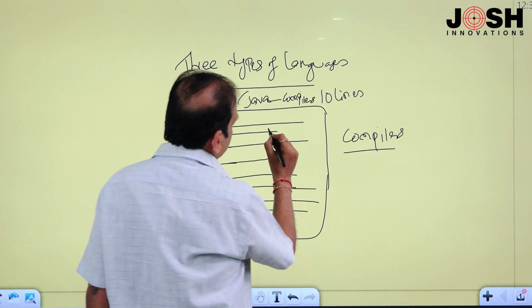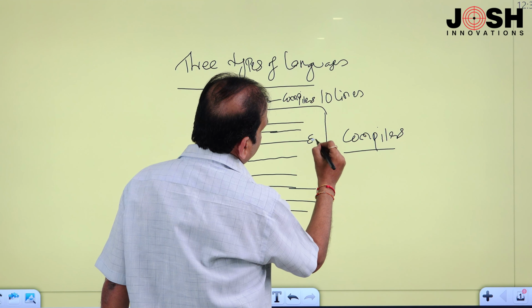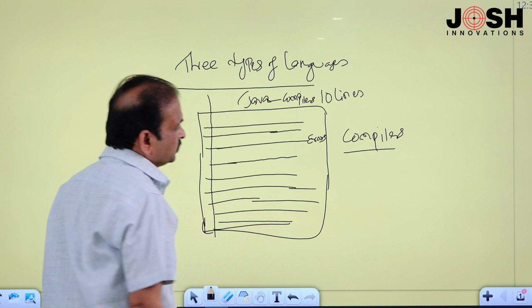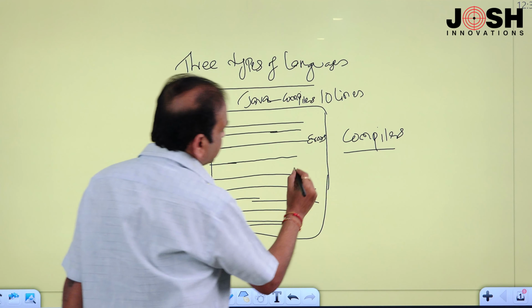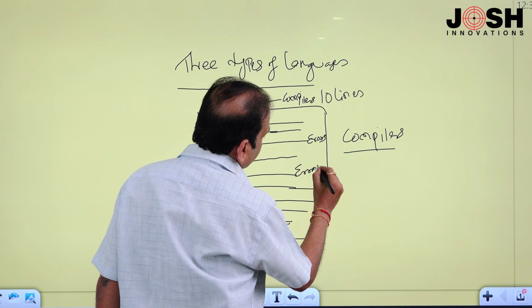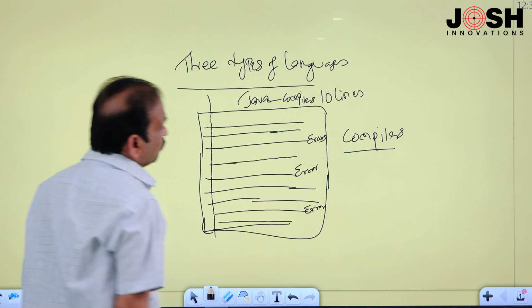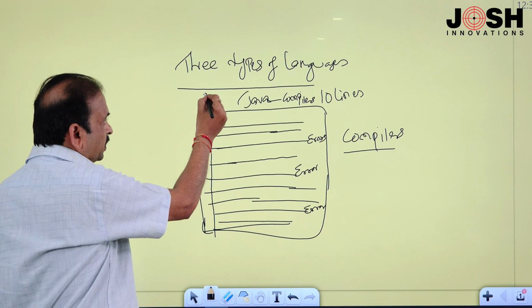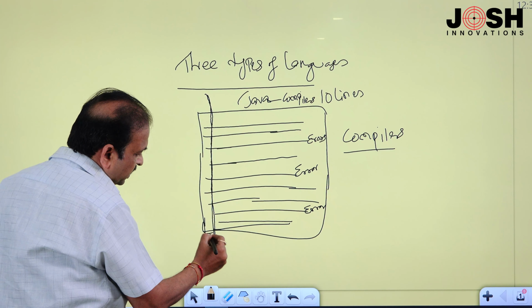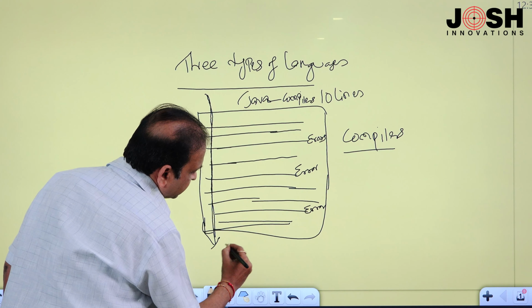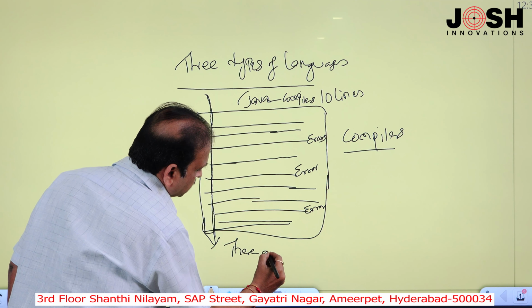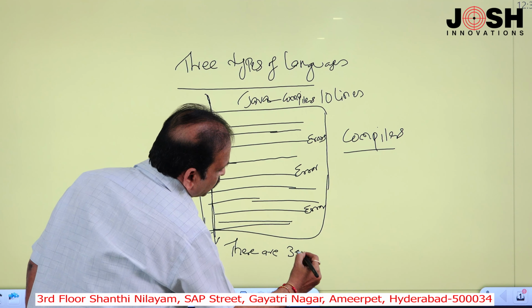For example, there is one error at the third line, one error at the fifth line, and one error at the seventh line. Now, what does the compiler do? The compiler compiles all the lines at a time and shows there are 3 errors in the program.